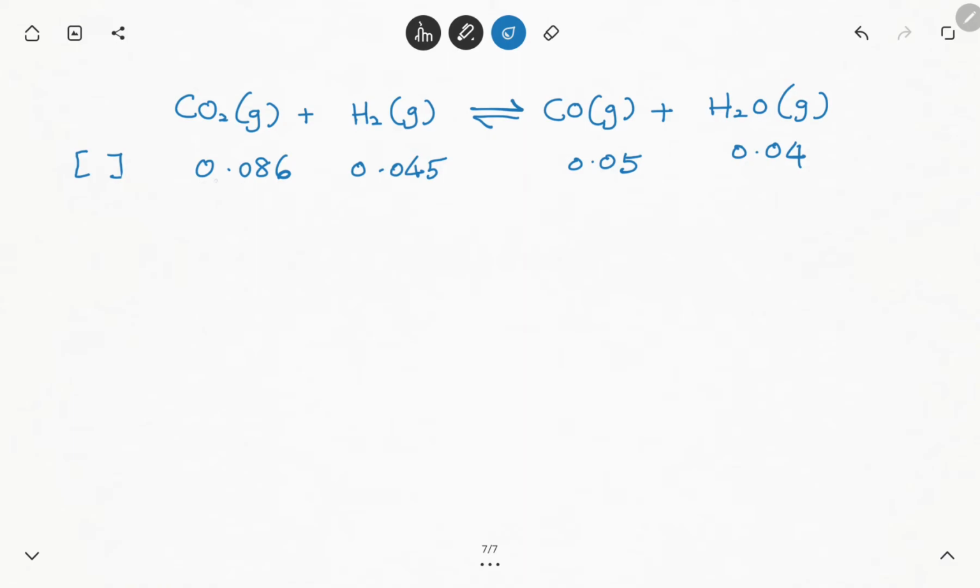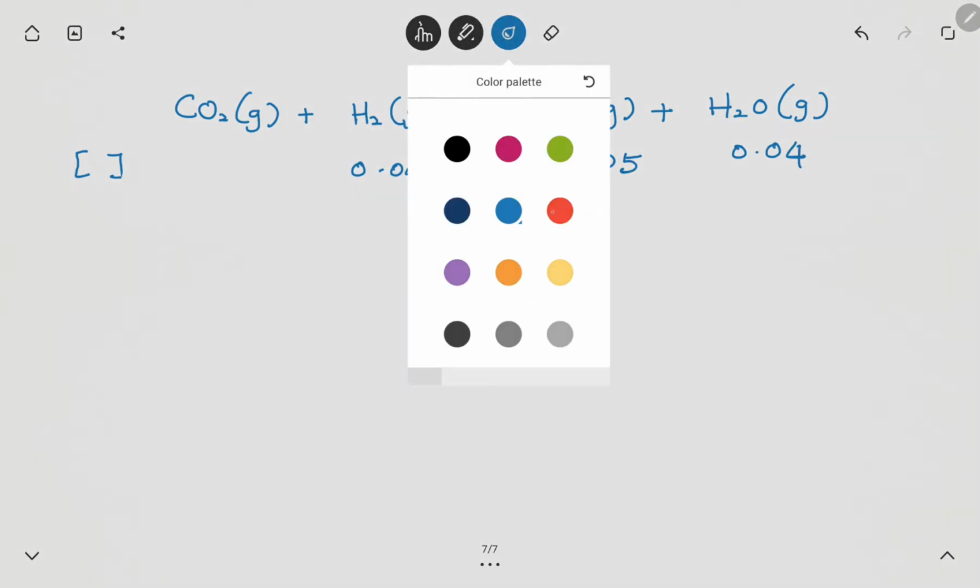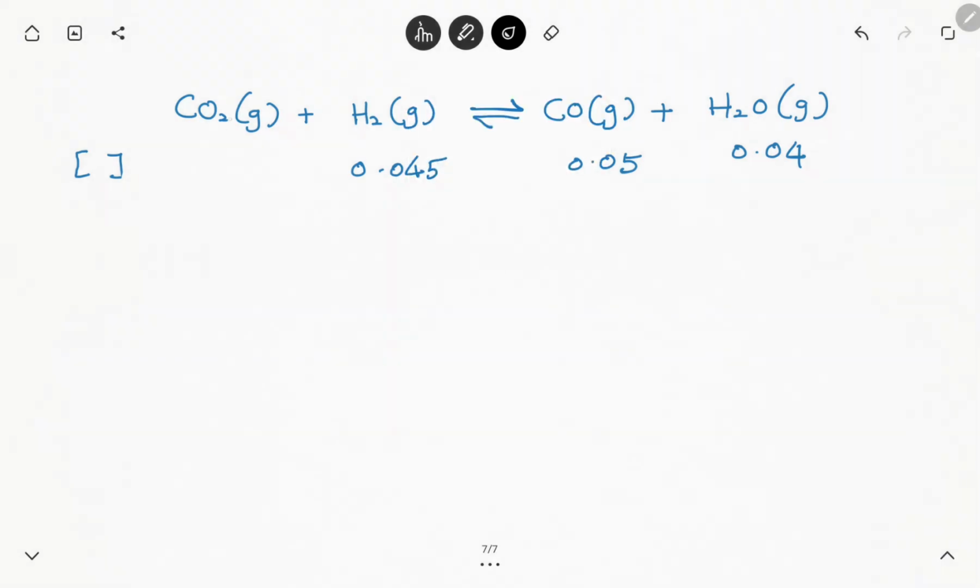But once we add CO2, it is increased to 0.5 molar. So we change the concentration to 0.5 molar. This is the new concentration of CO2.